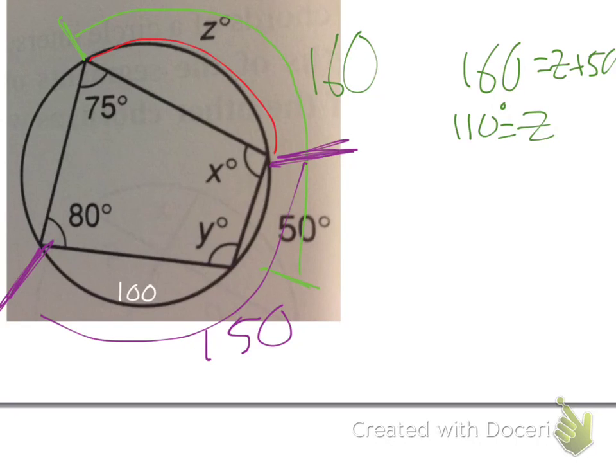Whoa! Wait a minute. We have z. Watch, I'll put z up here. z was what? 110? We know 50. We know 100.